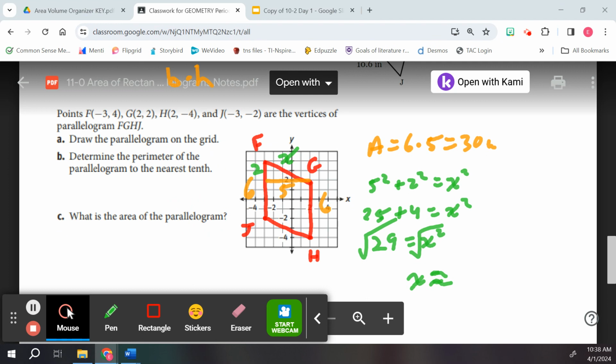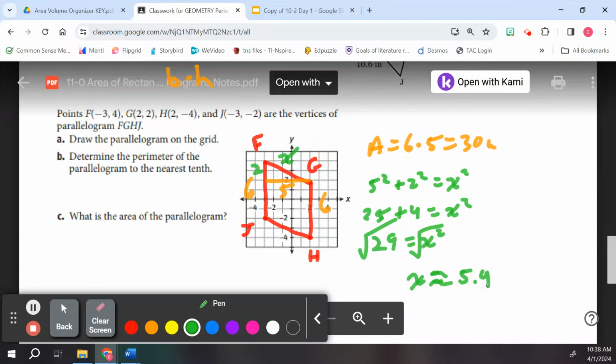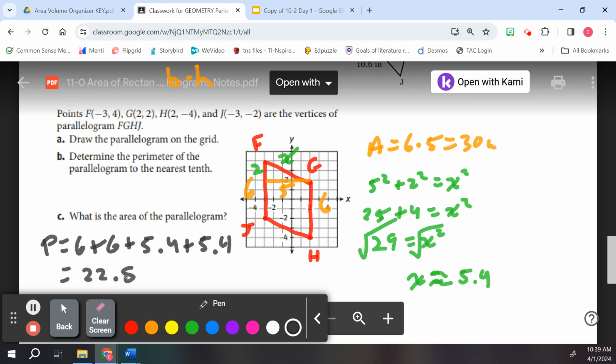Connor, what do we get? 5.4. Very good. All right, so now that we have that, we know that the perimeter will equal 6 plus 6 plus 5.4 plus 5.4. So that's 10.8 plus 12. So is that 22.8? And this would just be units.